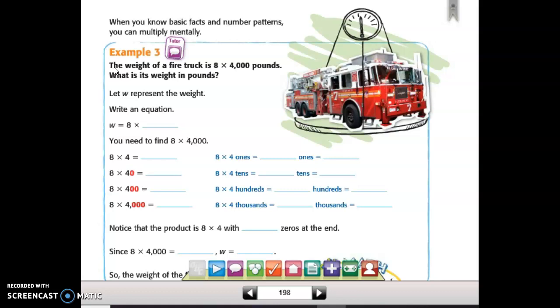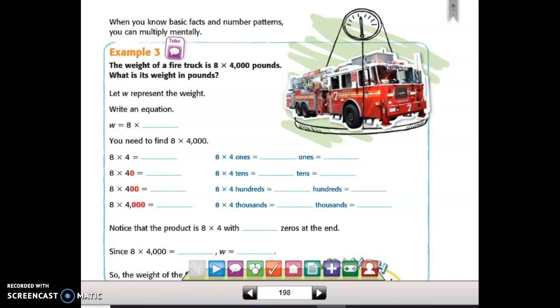So example 3. The weight of a fire truck is 8 times 4,000 pounds. What is its weight in pounds? Let W represent the weight. So now we've got a variable, weight. Write an equation. W equals 8 times what?